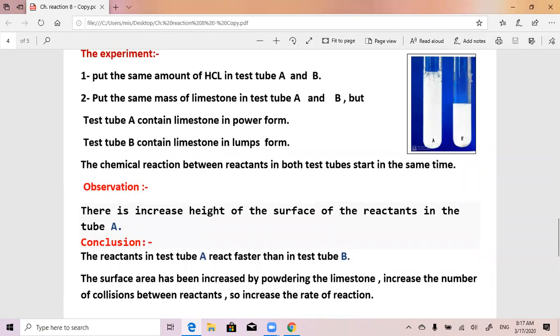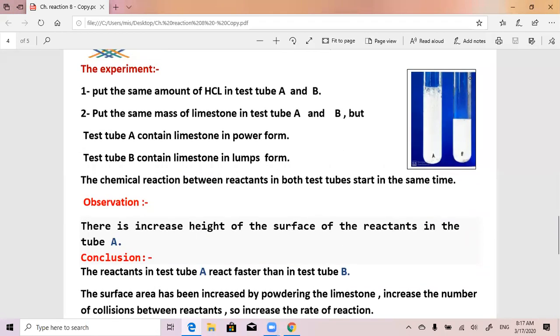Again, the experiment. First, bring two test tubes A and B. Put in test tubes A and B the same amount of hydrochloric acid and put the same mass of calcium carbonate, which we call limestone.